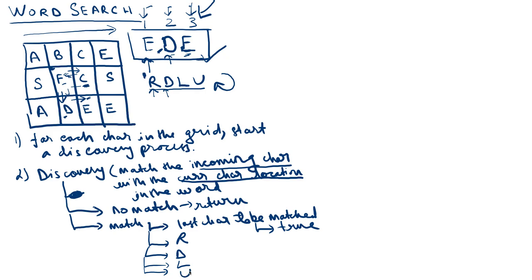Now, the point is that whenever you are going in any of these directions, R, D, L, or U, you have to make sure that you can actually go in that direction. What I mean by that is, suppose you are at S and you want to do the discovery process from here. You want to go right, but you cannot go right, because the grid doesn't have those entries.